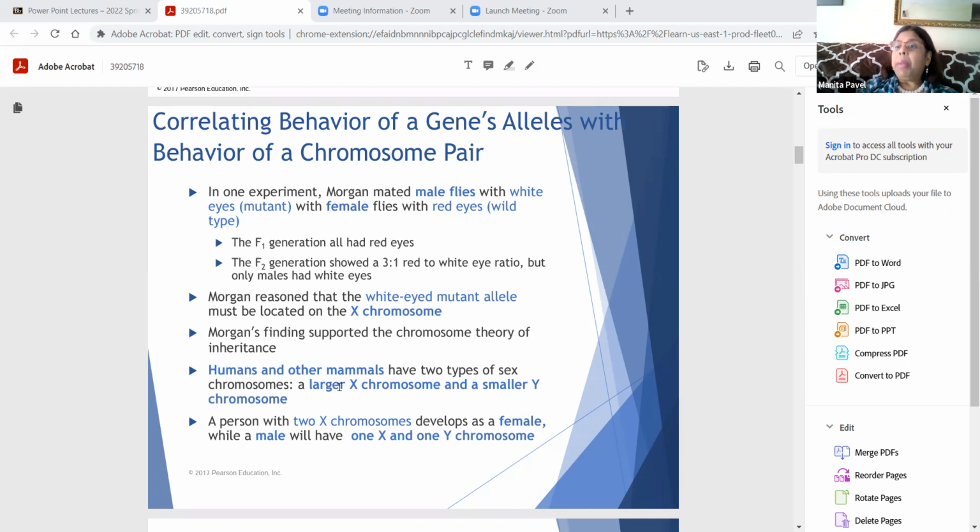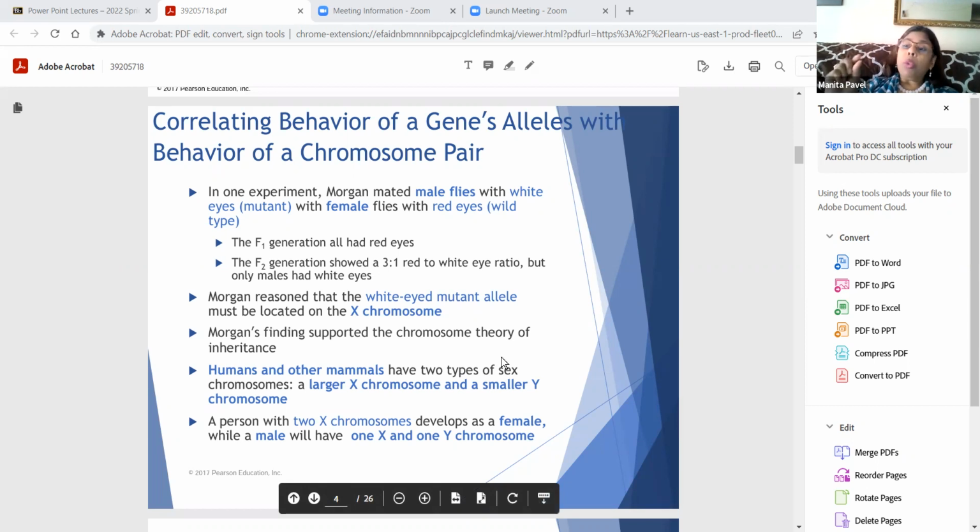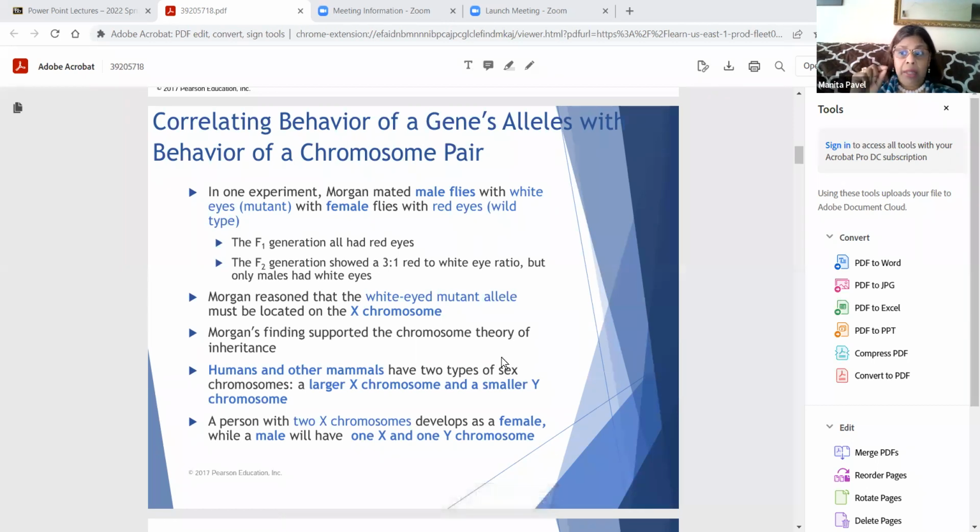If I am female, I have the XX chromosomes, and males have XY. In the same way, what Morgan proved was that those flies that were white-eyed, which carried the mutant variety, were the males, and it was on the X chromosome.